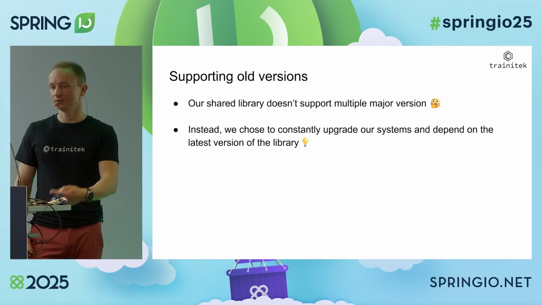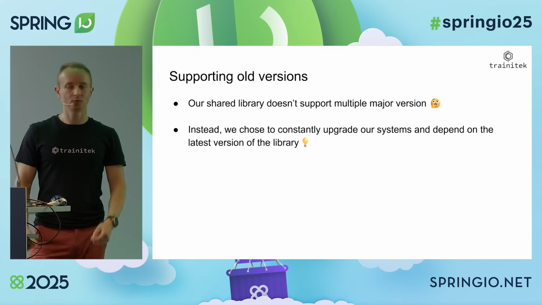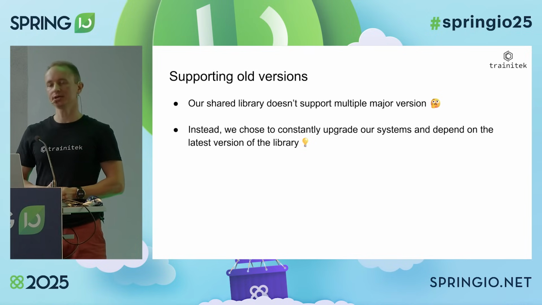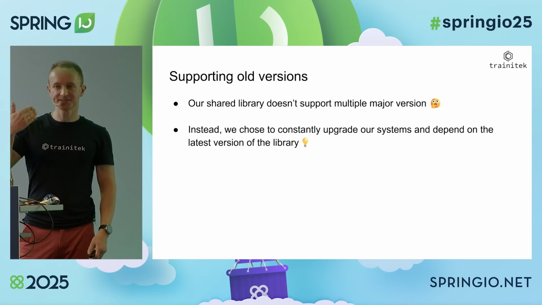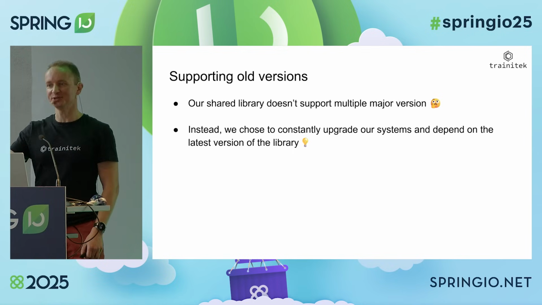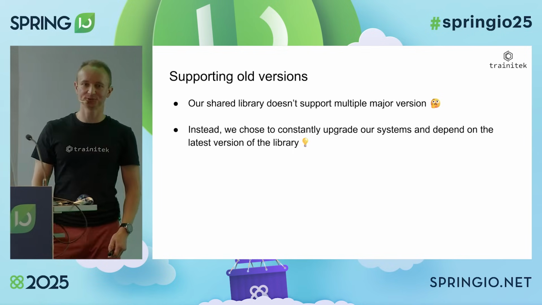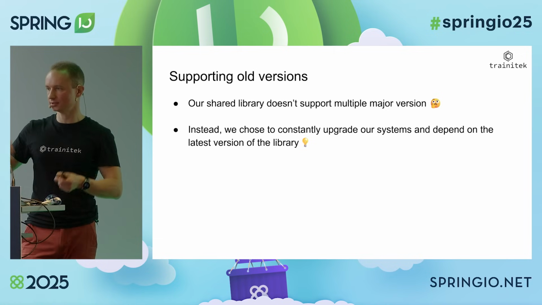Instead, we constantly upgrade client projects. What helps us, or forces us, is that we have a company policy. Whenever Snyk sends us a report with a critical vulnerability, we are obliged to migrate to the newer versions, which means that all the projects are always up to date.